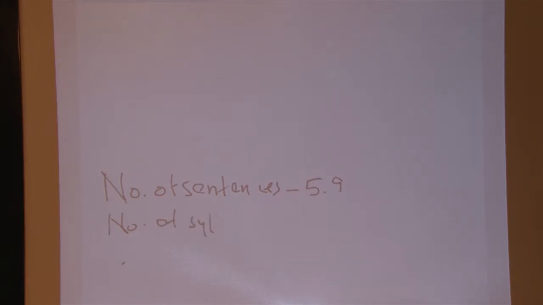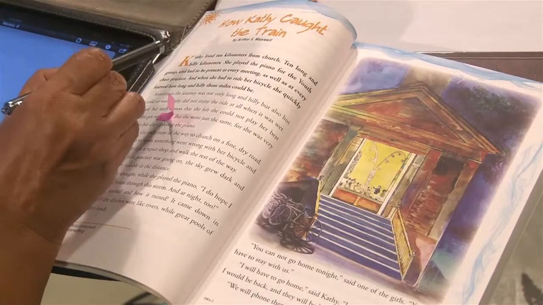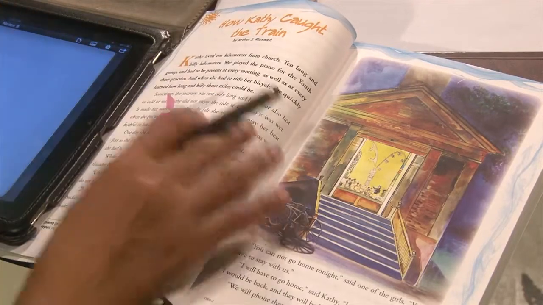Okay, let's begin now. I am going to do a very peculiar thing of reading the book and tallying at the same time right here on my tablet. So I read and I tally at the same time.